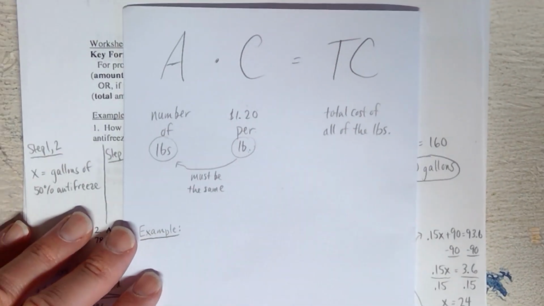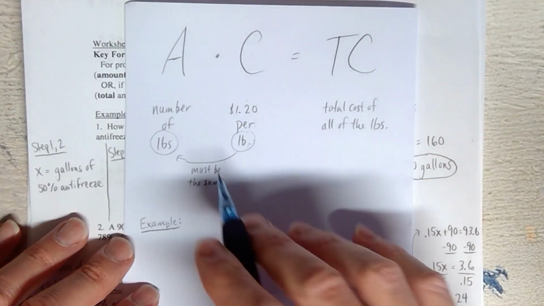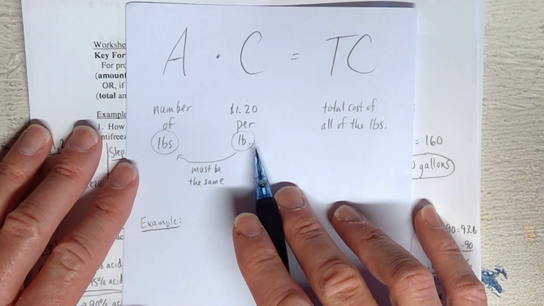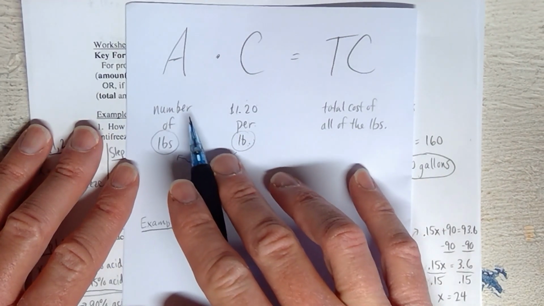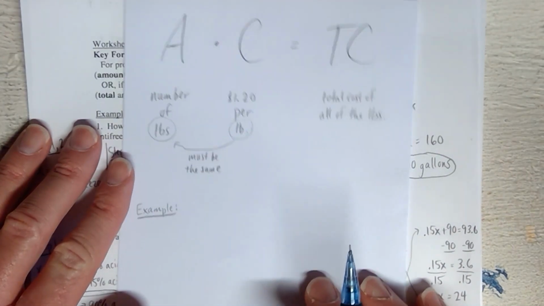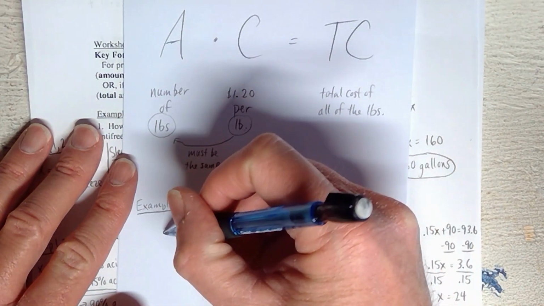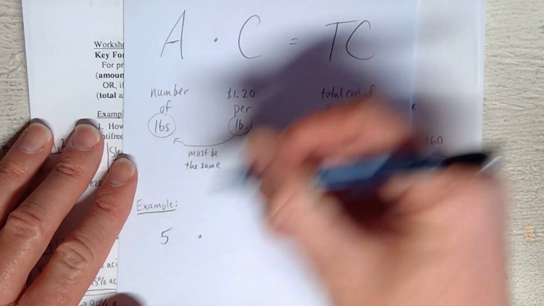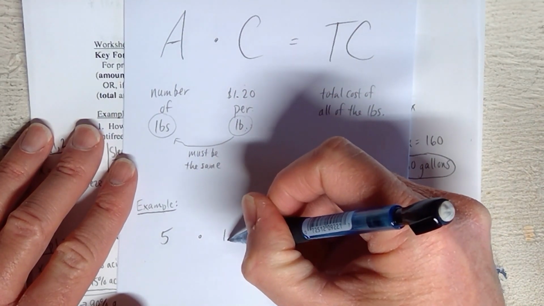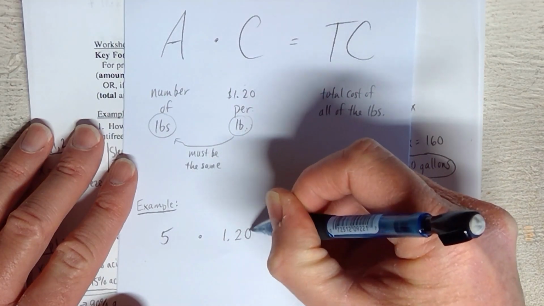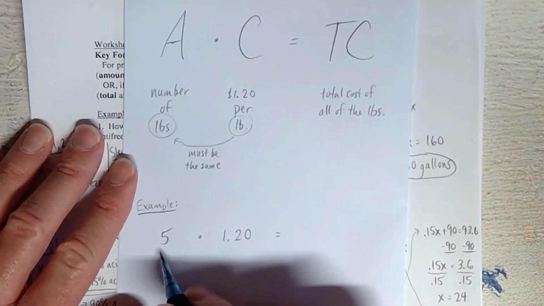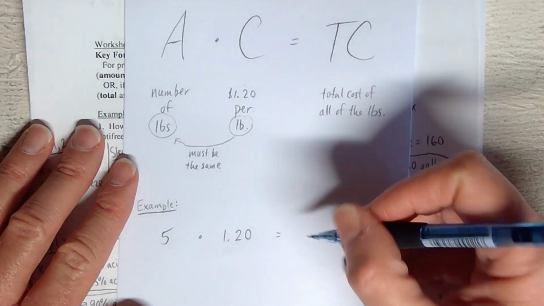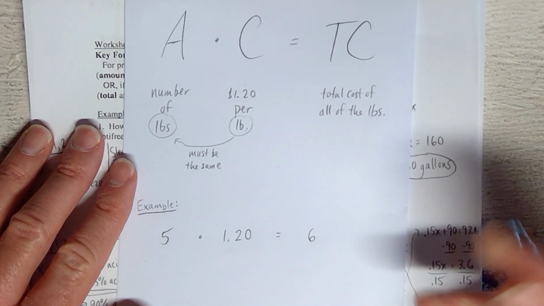So let me open things up here. There we go. Let's say, for example, in this same situation with $1.20 per pound, let's say I want to buy 5 pounds of that particular candy that they were talking about. So what you do is you put the 5 here for where the A is, and then you multiply that by the $1.20 right there. And then obviously you want to put down your calculator and multiply that together. If you multiply those two things together, it's going to be equal to exactly 6.